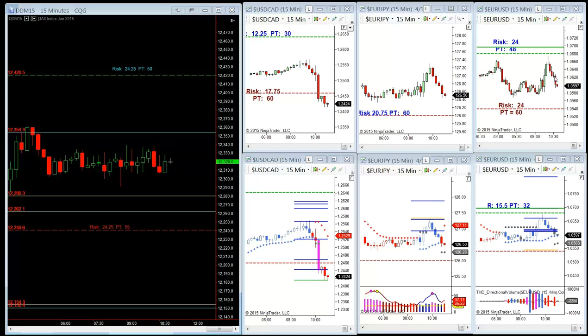This is our last 15-minute bar on the euro and the euro yen. Remember, we still have this one down here. Yeah, you'd have to move 46 ticks on the bottom side.